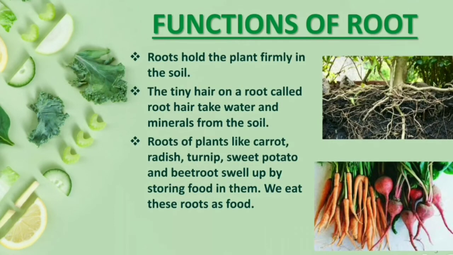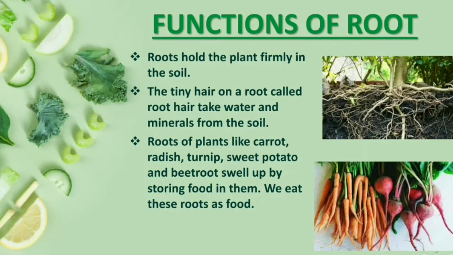Roots hold the plant firmly in the soil. What do roots do? They hold the plant in the soil. The tiny hair on a root called root hair take water and minerals from the soil, and now the root absorb the water and minerals from the soil and carry it to different parts of the plant.